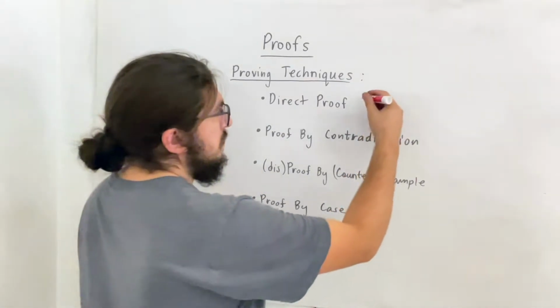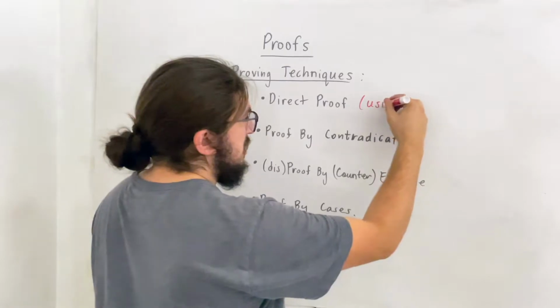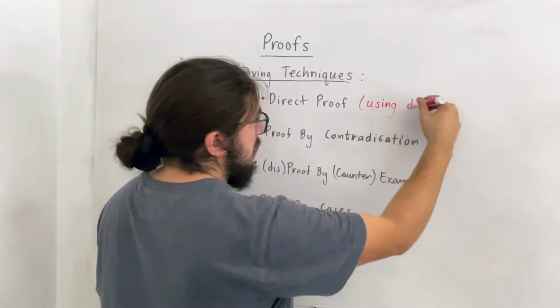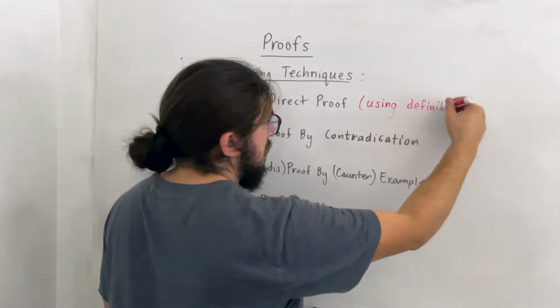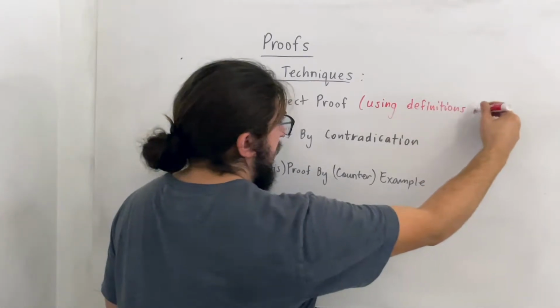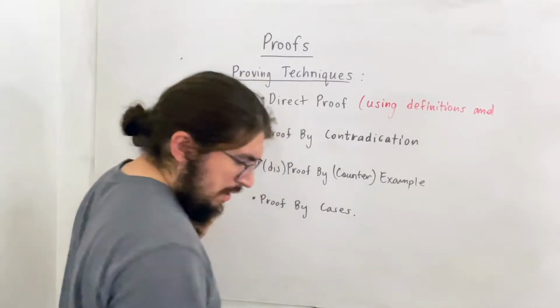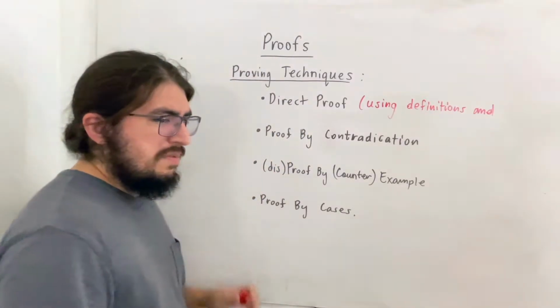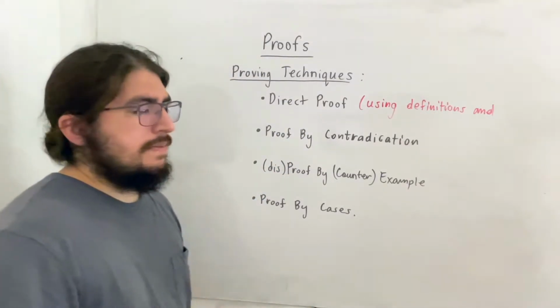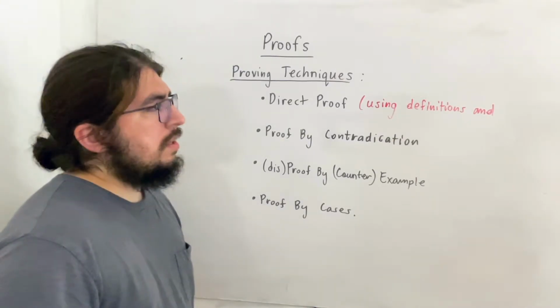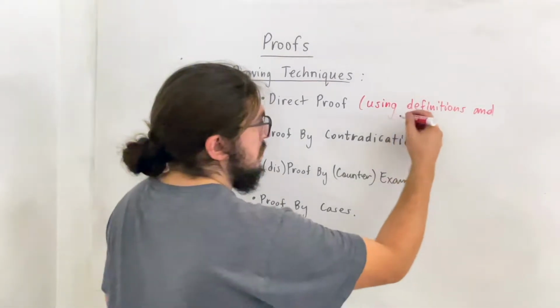So in direct proof, this is just using definitions and following logic. I want to say logic, but really it's more like simplification. It could be, well, let me just say other principles.